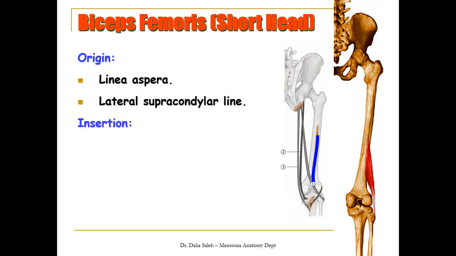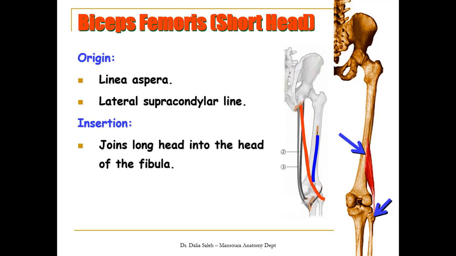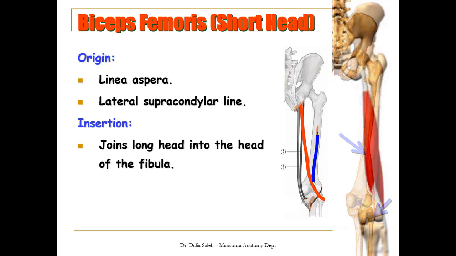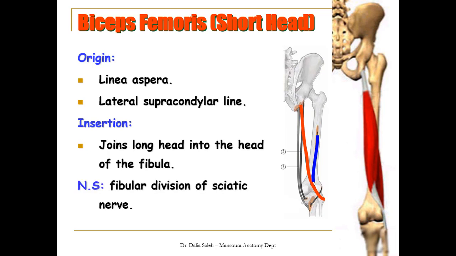For the insertion of the biceps femoris, the short head that we can see here joins the long head which arises from the ischium, and both unite together and insert into the head of the fibula. Its nerve supply is from the fibular division of the sciatic nerve.